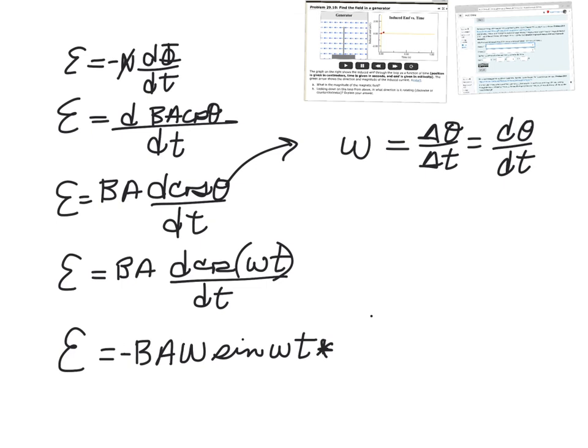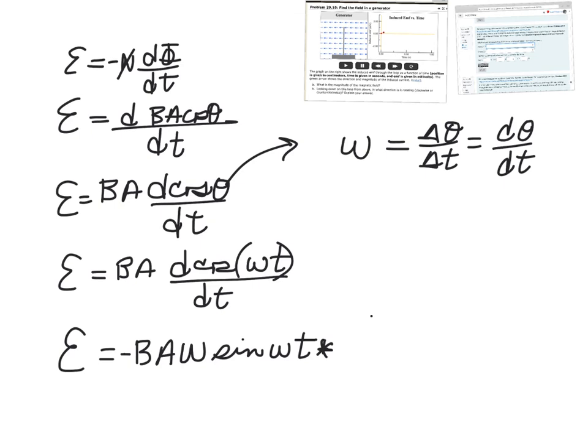And so if we take the sine, when the sine is 1, when it reaches its maximum value, then we can say that E max equals BA omega. And so to find B, you just take the maximum value of the EMF, which you measure from the graph, and you divide it by the area of the loop. This is going to be in millivolts, and so you'll get your answer in millitesla times omega. And we already said what omega was.